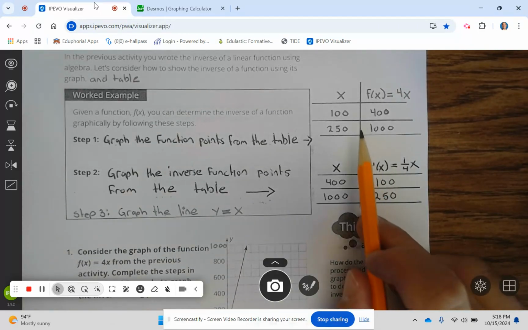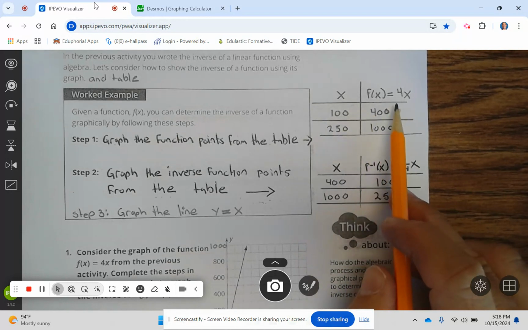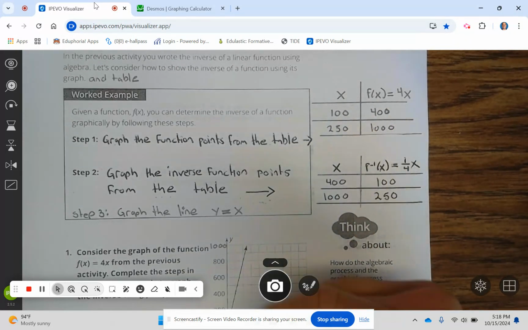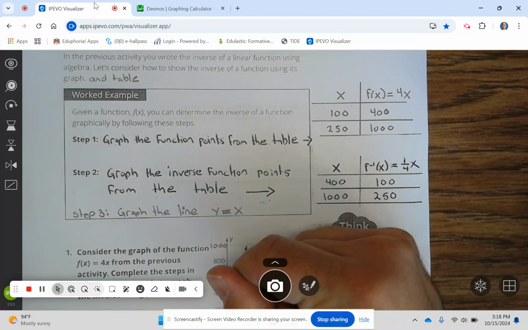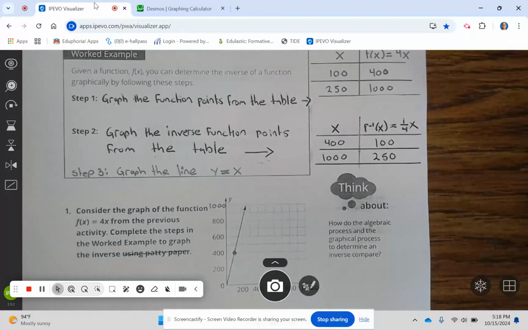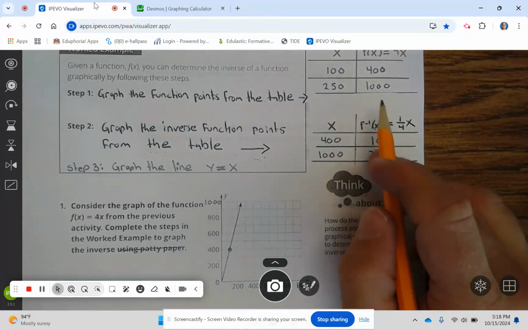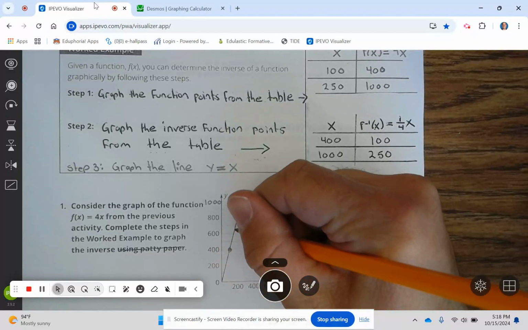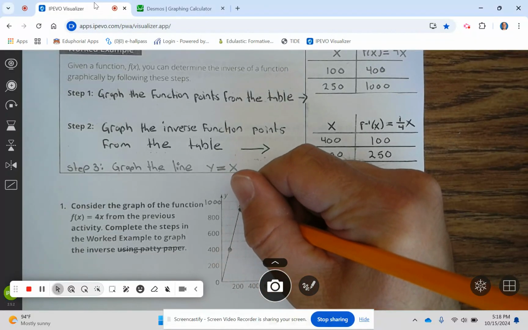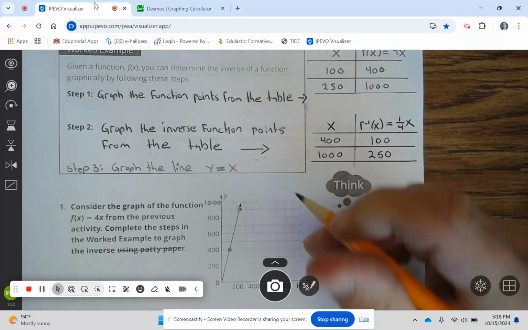So the function, we have x and f of x equals 4x, so that's 100, 400, so that point is 100, 400, which is right here. And then 250, 1,000, so 250, 1,000, right there.